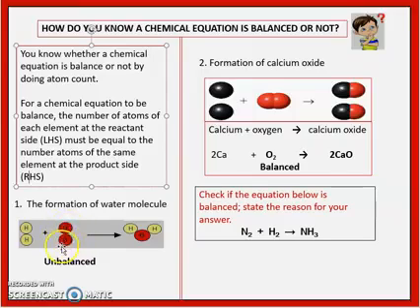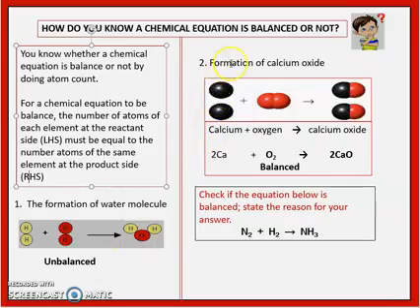We have 2 atoms of oxygen. Then this is the water molecule. How many atoms of oxygen are in a water molecule? We only have 1 atom. So the number of atoms of oxygen on the left hand side is not equal to the number of oxygen atoms on the right hand side. Because of that, this equation is unbalanced.